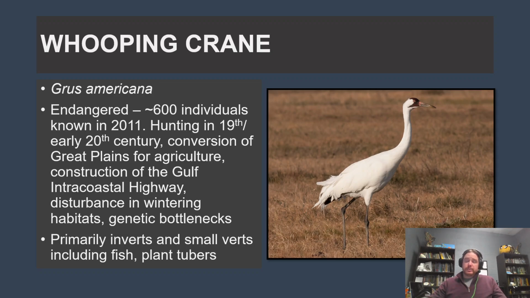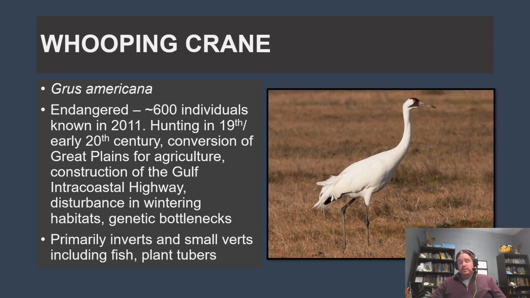And what you'll find out is there's actually a series of channels that run all the way along the coast that make up a highway that's for boats. It's for shipping stuff. The construction of the Intracoastal Highway, though, destroyed a lot of wetlands, and some of those wetlands were important to the whooping crane.